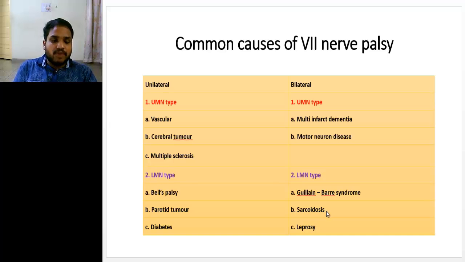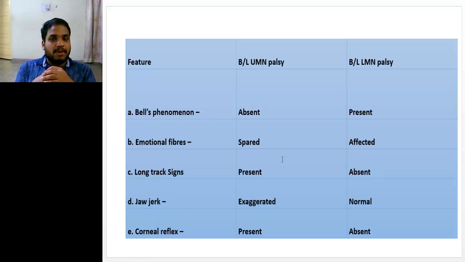So now you know how to differentiate between the upper motor neuron as well as the lower motor neuron facial palsy. In case of UMN facial palsy, the upper half of the face is spared, right? The problem comes when there is bilateral UMN palsy and bilateral LMN palsy. How will you differentiate between a bilateral upper motor neuron palsy and a bilateral lower motor neuron palsy, right?